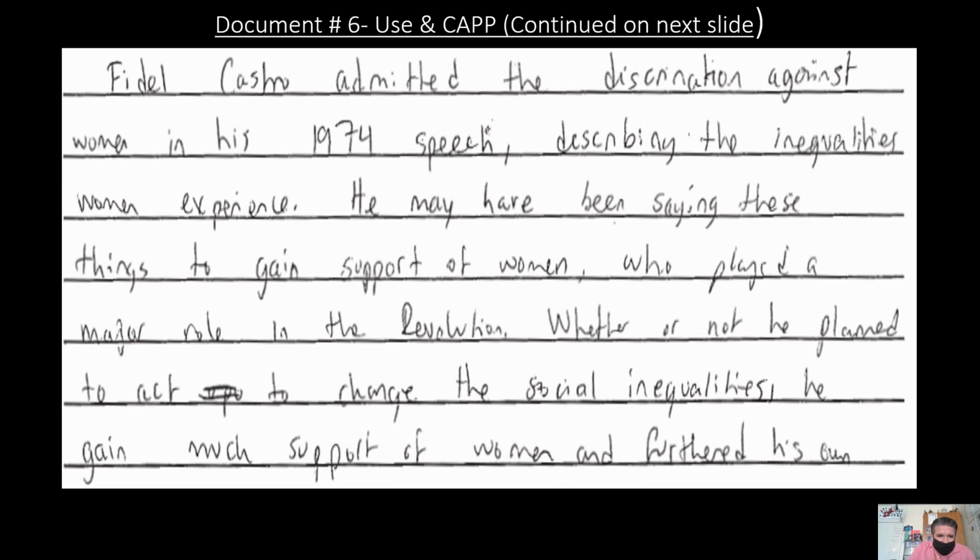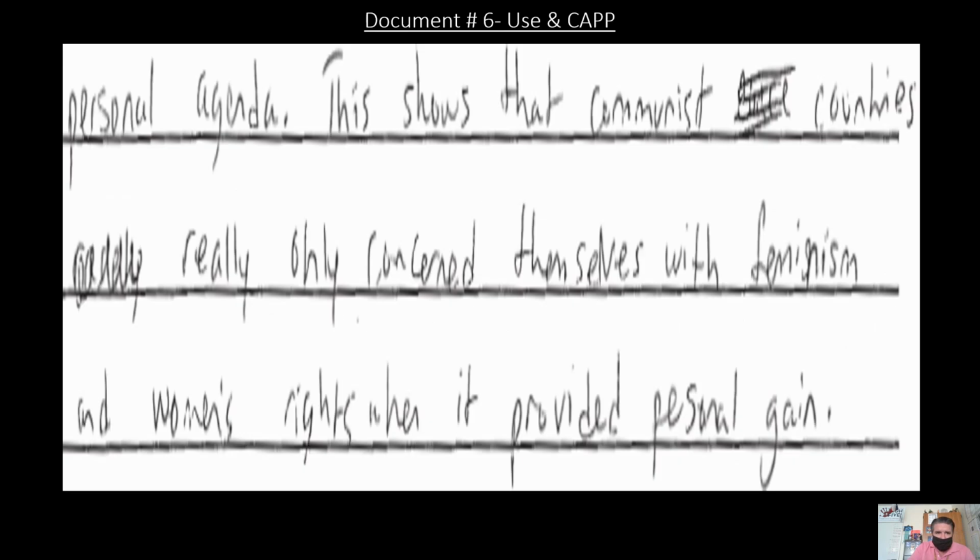Whether or not he planned to act to change the social inequalities, he gained much support of women and furthered his own personal agenda. This shows that communist countries really only concern themselves with feminism and women's rights when it provided personal gain." Again, the CAP process is easy. You're just speculating about why it says what it says, why it shows what it shows.